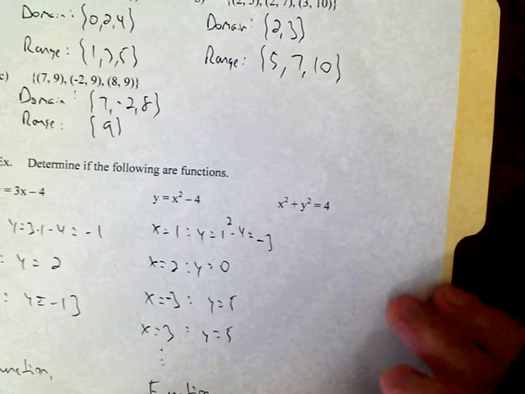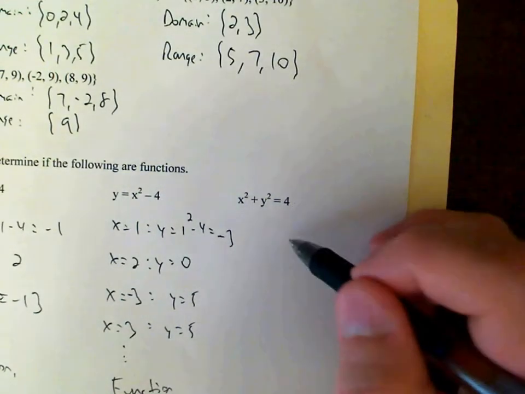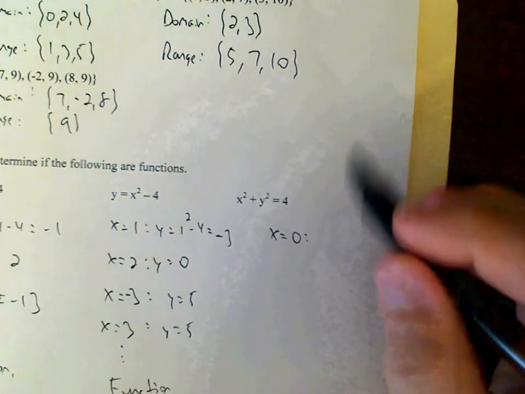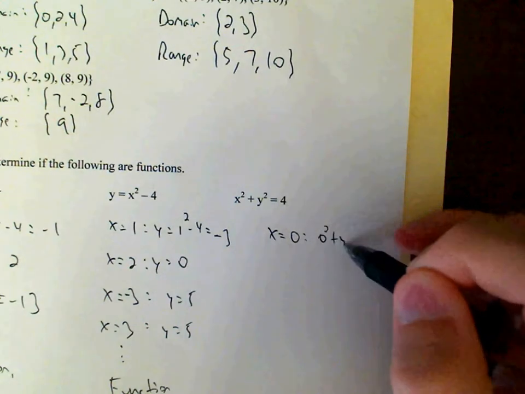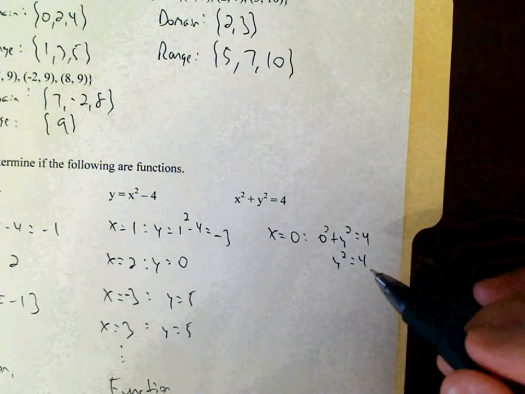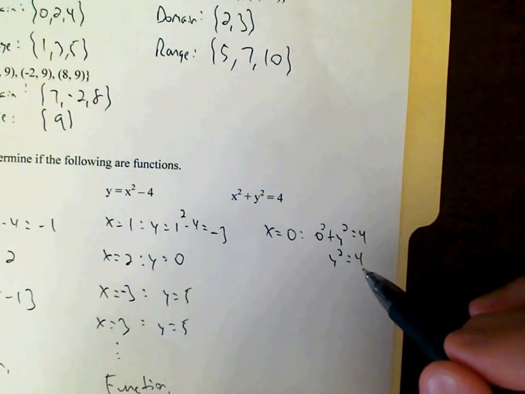Now let's try this one. This time, let's just let x be 0, and I substitute it in. I'm going to get 0 squared plus y squared equals 4. So I get y squared equals 4. Now I'm thinking, what squared gives me 4? Well, here's the thing.